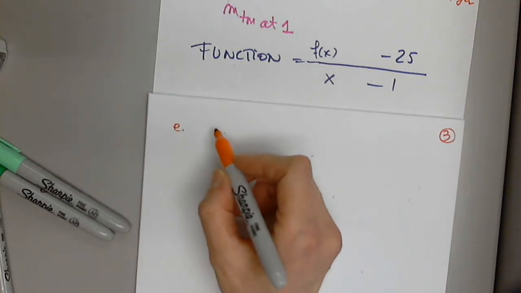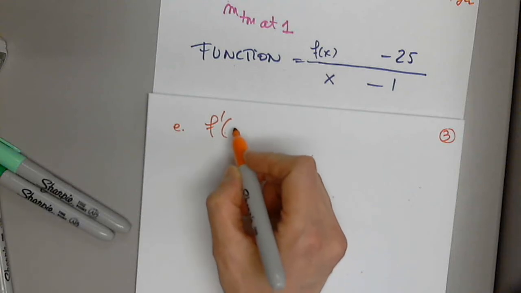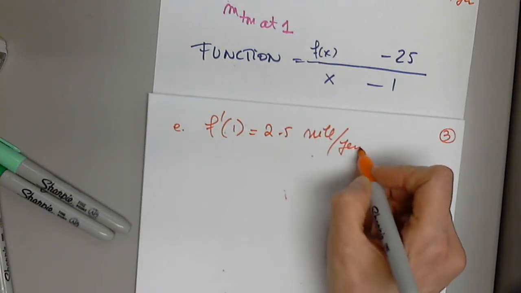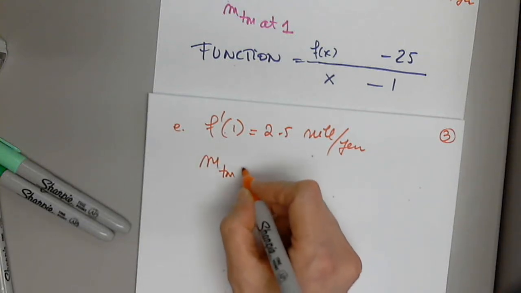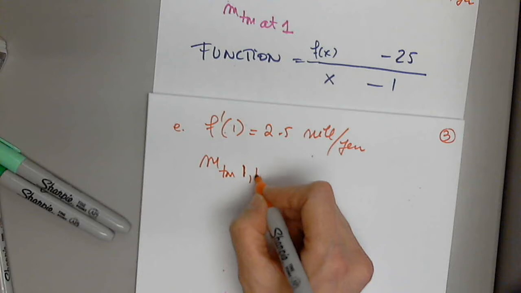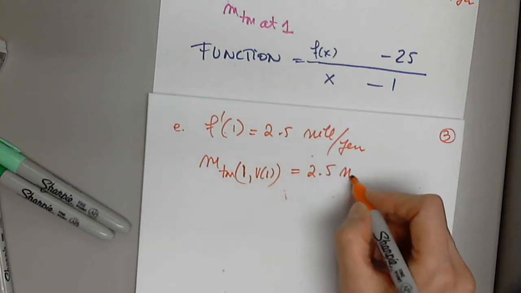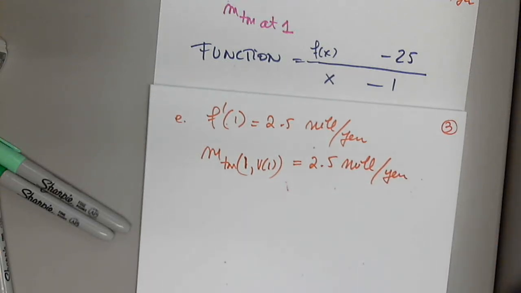So in part E, I can say f prime of 1 is 2.5 mil per year. Or I can say the slope of the tangent line at 1 comma v of 1 is 2.5 mil per year. It's up to you how you want to present it.